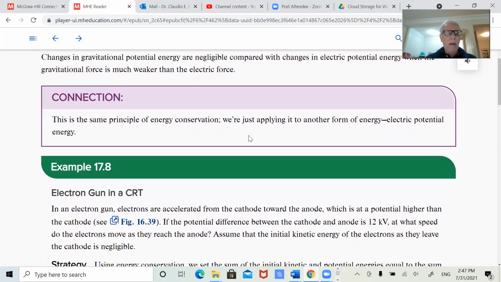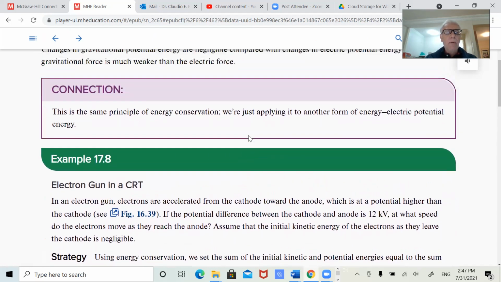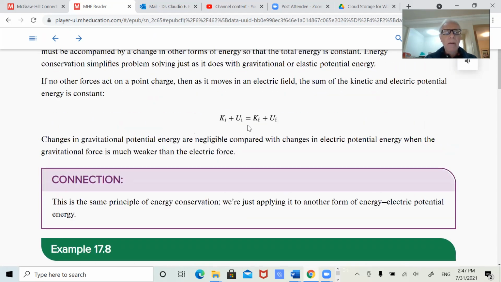Let's work that out. The potential energy here is just the electric potential energy. There won't be any gravitational potential energy, because the gravitational potential energy of the electron is negligible compared to the electric potential energy. Not just the electron, but charges in general.